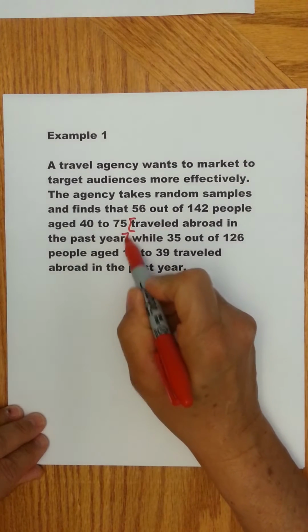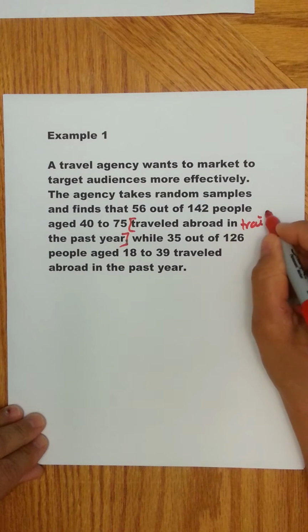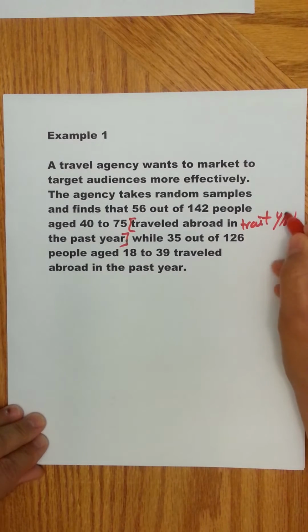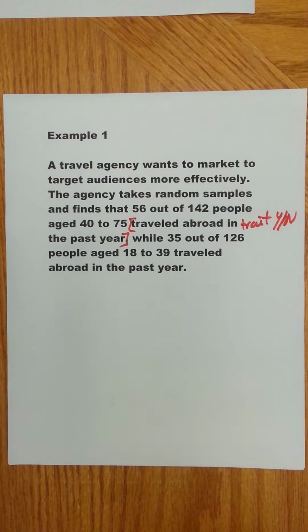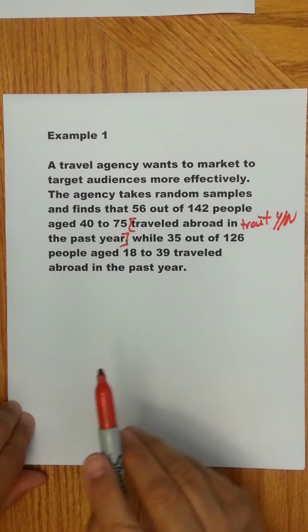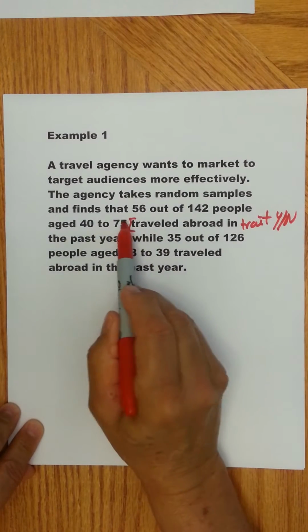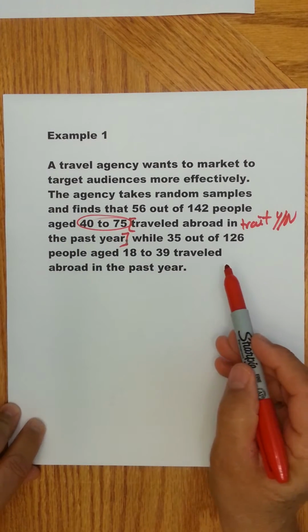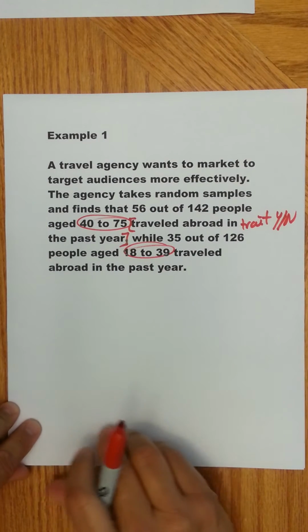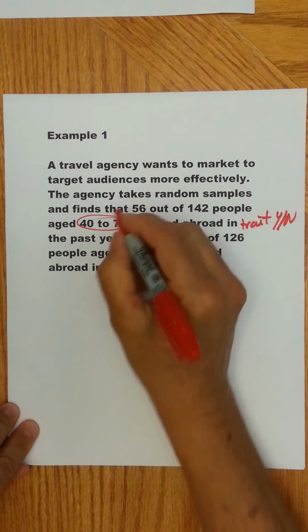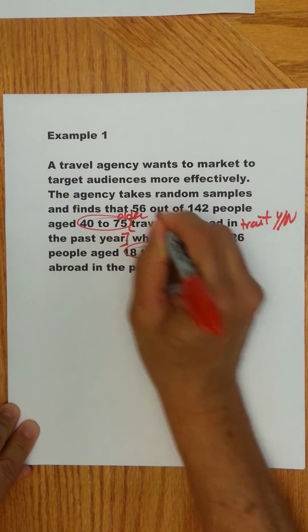So traveling abroad in the past year is the trait. It's the same trait across both populations, and it's a yes-no trait. You either did or didn't travel abroad in the past year. And the two populations are older and younger, shall we say. This is the older population, 40 to 75, the younger population, 18 to 39. So we'll say older, younger.